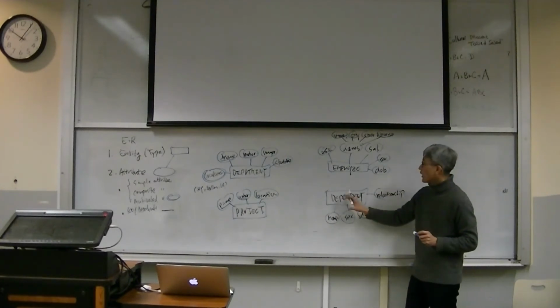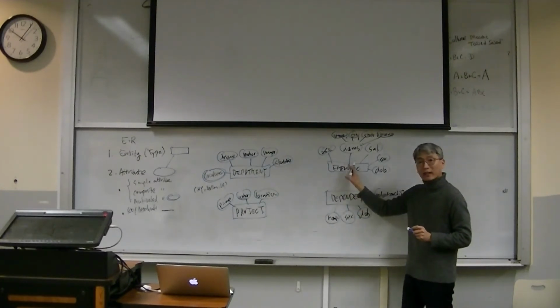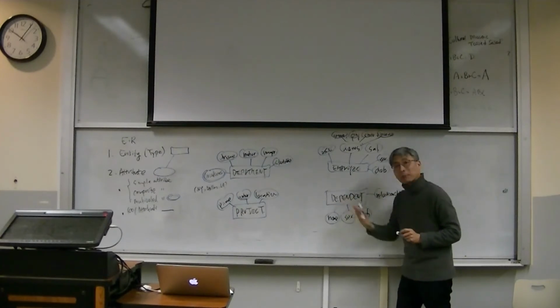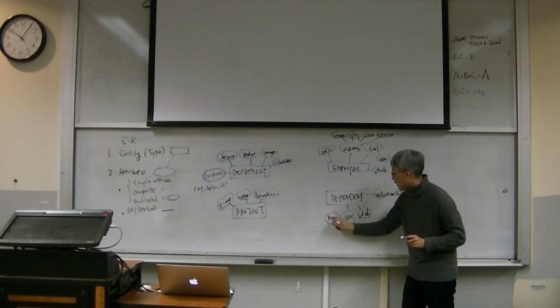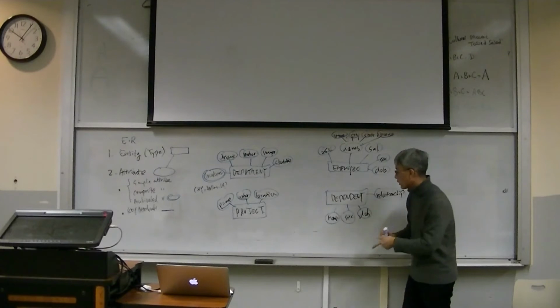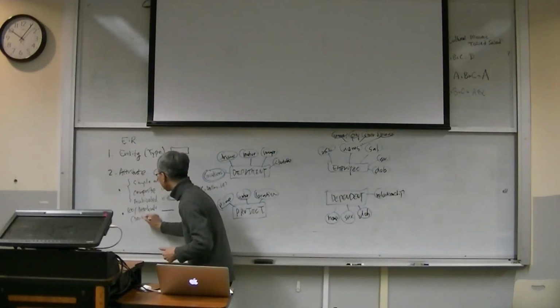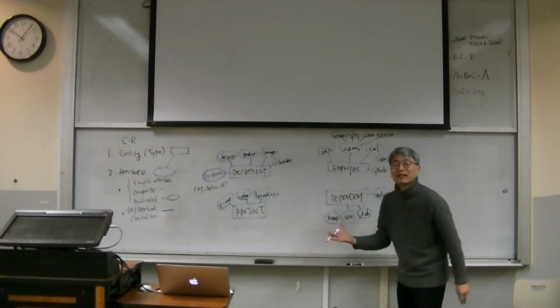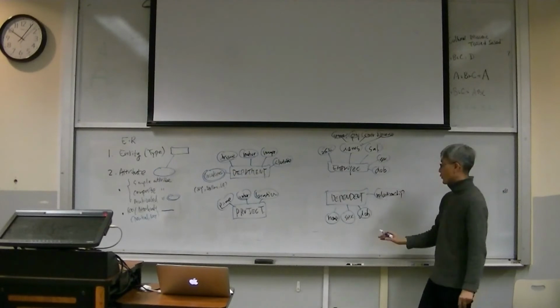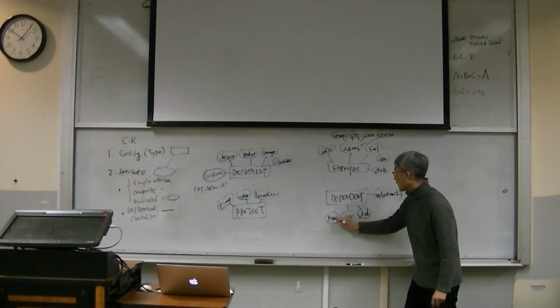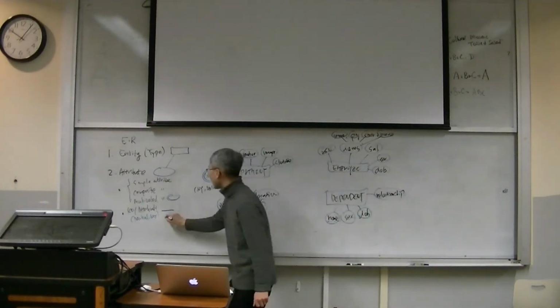How? If we know the employee who is related to the dependent, we may know. At that time, this is called a partial key. A partial key is not unique, but it may be used for identification in the future. So we can use a dotted line to represent the partial key.